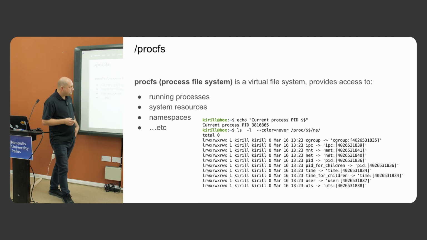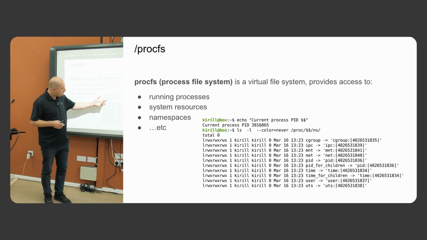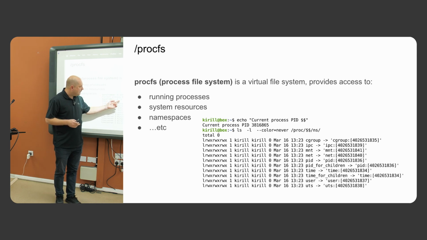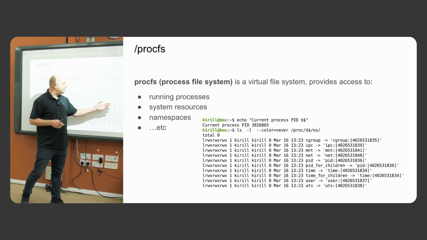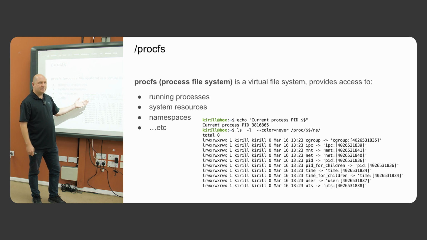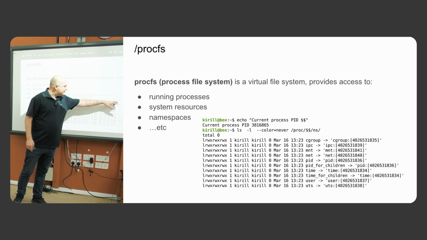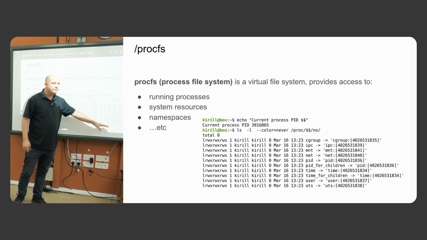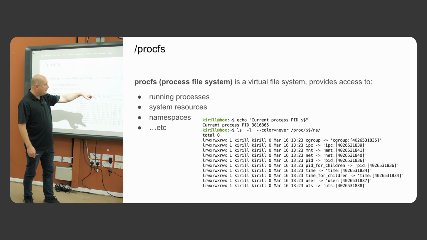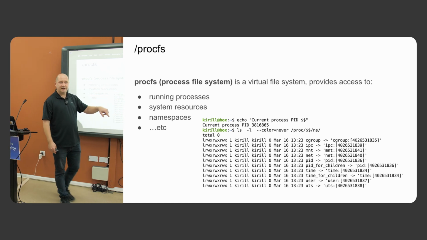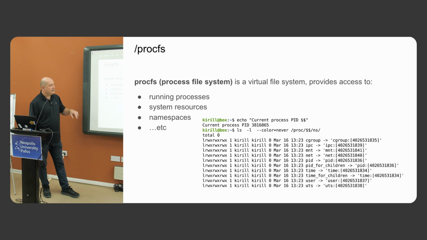So for instance, to understand what kind of namespaces I have for the current process, I just go to procfs, list ns, and I have a set of objects. I can go deeper and inspect each namespace, and yeah, that's it. I will use this file system in future examples.